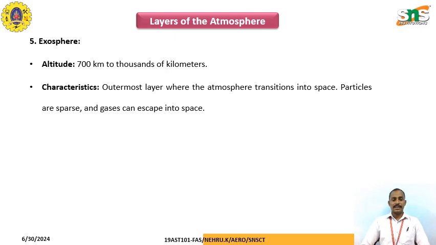Finally we go to the exosphere, where the altitude is 700 kilometers and thousands of kilometers above the Earth. It is the outermost layer of the atmosphere, transitioning into space. Particles are sparse, and gases escape into space.